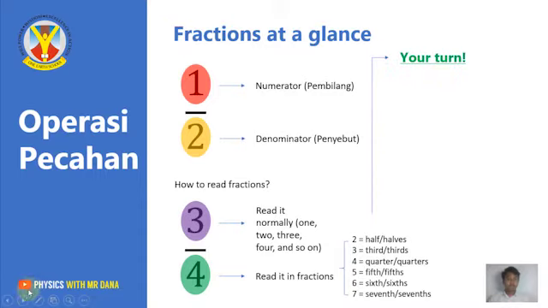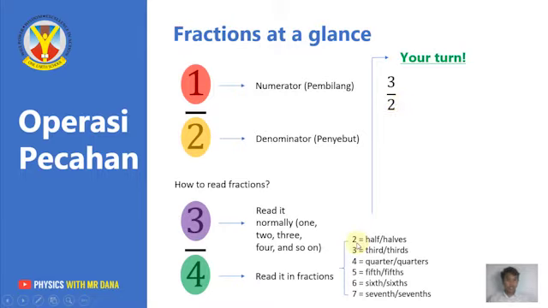Now it's your turn. Here I have some fractions, and how do you read these fractions in English? The first fraction is 3/2. How do you read 3/2 in English? You read 3 as normal, and the denominator is 2.